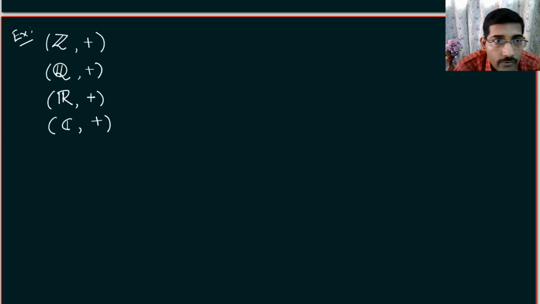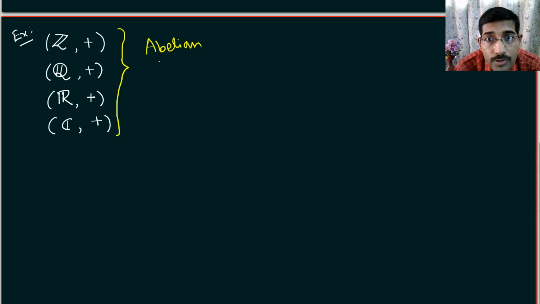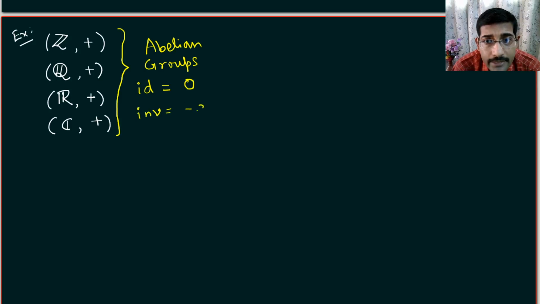All these four are examples of abelian groups, because addition you can do in any order. Here my identity element is 0 and my inverse element, since it's an additive group, for each element A, is minus A.